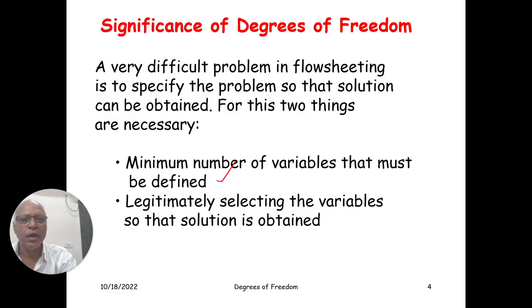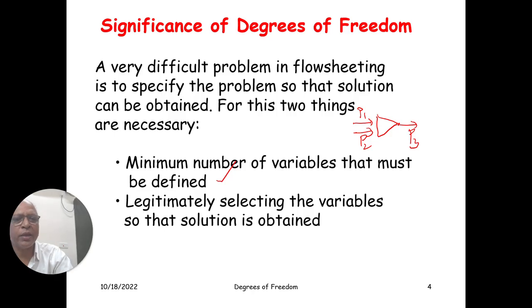For example, consider a mixer wherein two input streams are getting mixed to give rise to one output stream. Let us consider the pressures as P1, P2, P3. Typically, in the case of a mixer, you will be calculating the output pressure as the minimum of input pressures, P1 or P2.